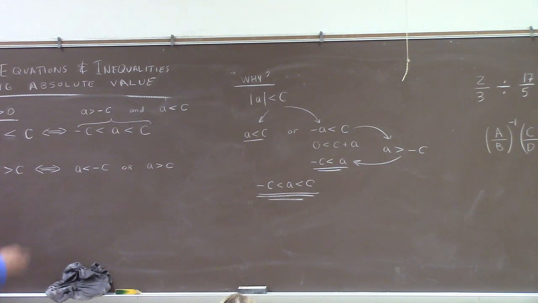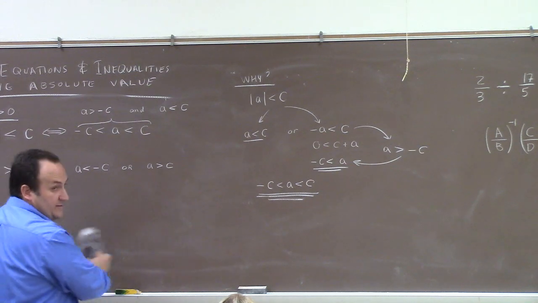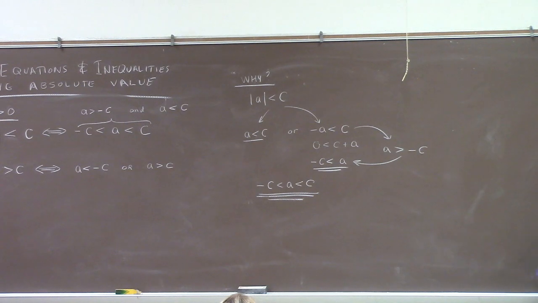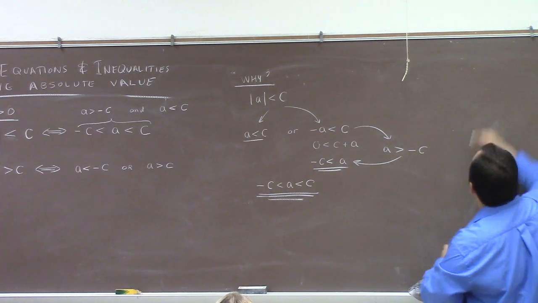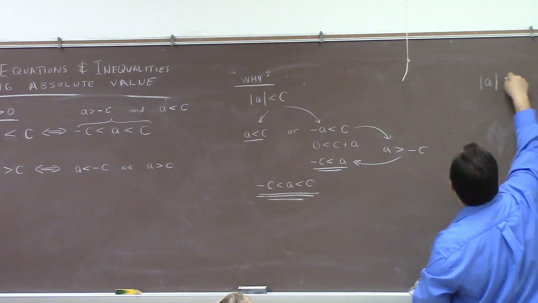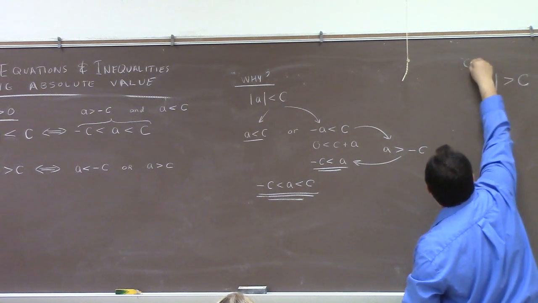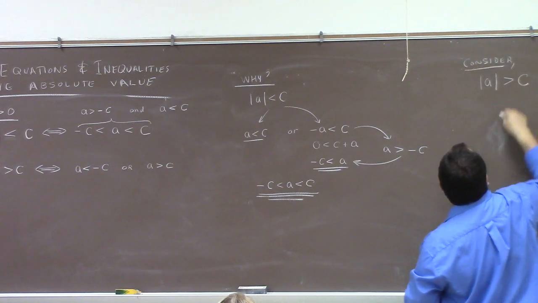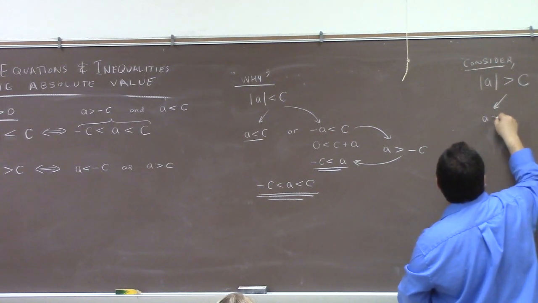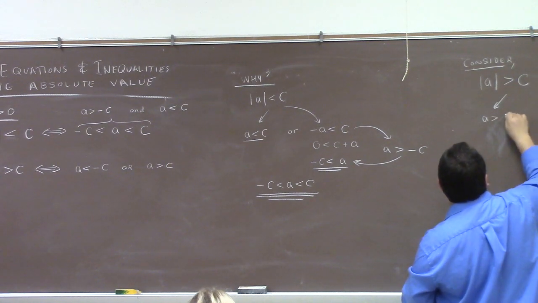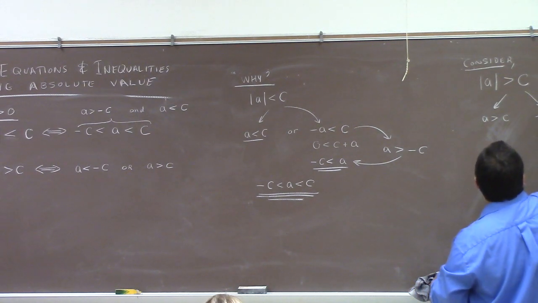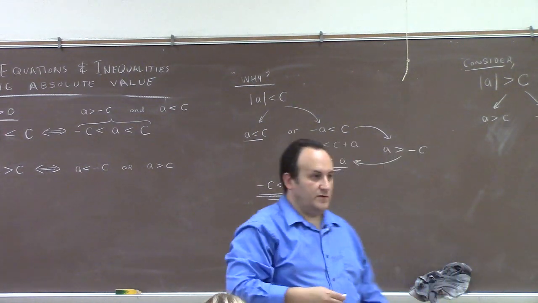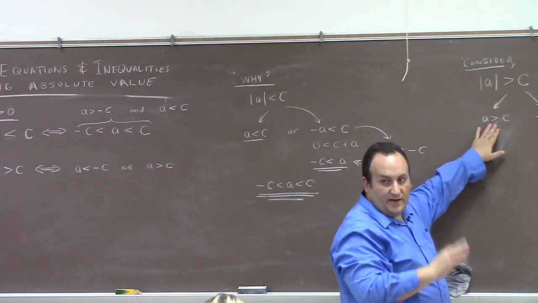So what if we go through this song and dance for the greater than? What's different about that? Why is it different? Either we have A greater than C, if the absolute value is positive, or minus A greater than C. So A greater than C, fine.